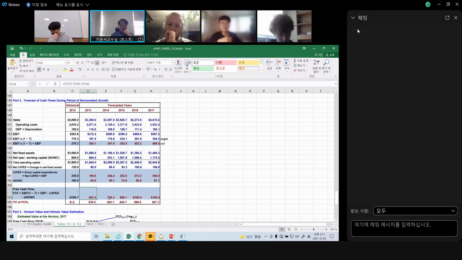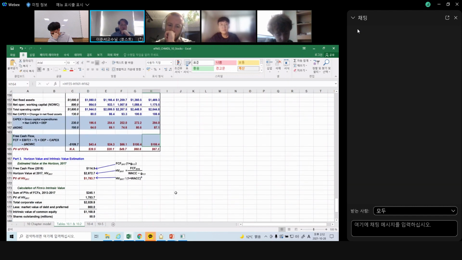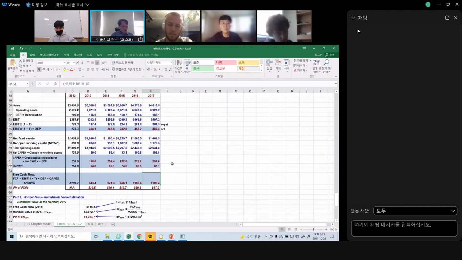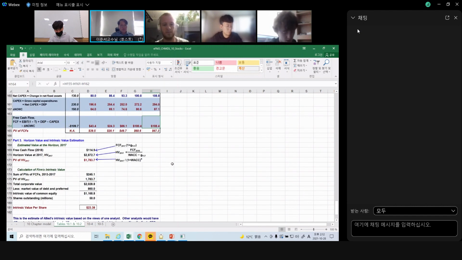Okay, if you repeat this procedure during the next 5 years, and then we assume that free cash flow grows at a constant rate of 6% from 2017 to 2020 in the textbook. Okay, then this is the procedure to calculate the terminal value.